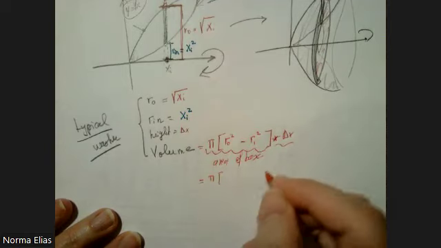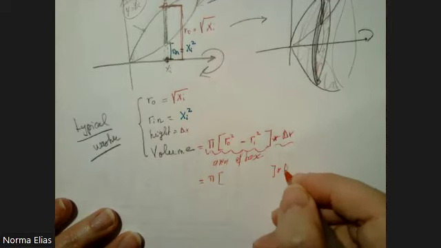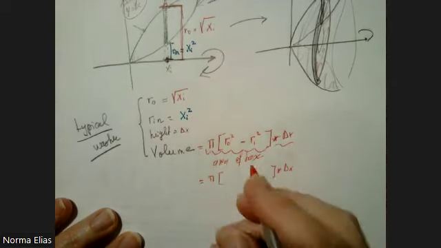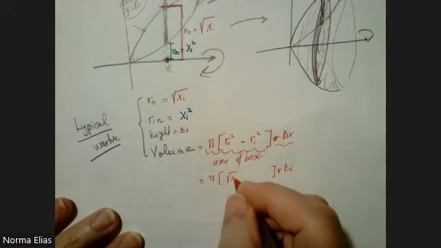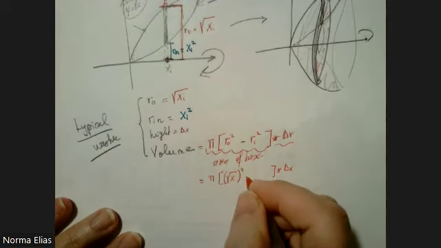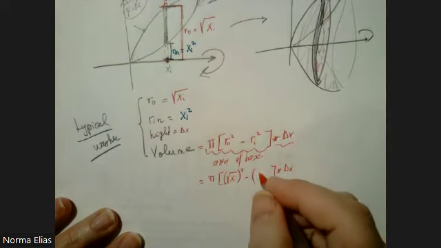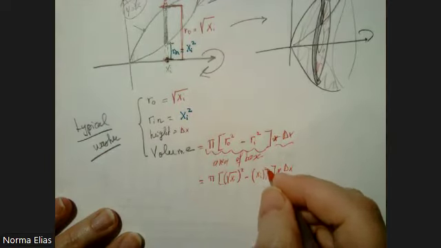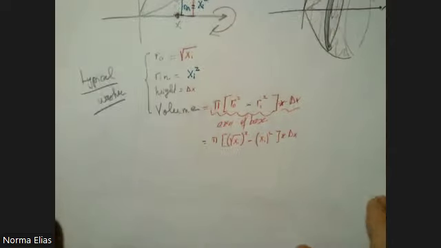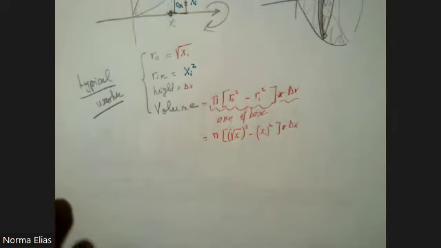So this is going to be pi times the outer radius, the square root of xi, squared, minus the inner, xi squared. And practically we are almost done.